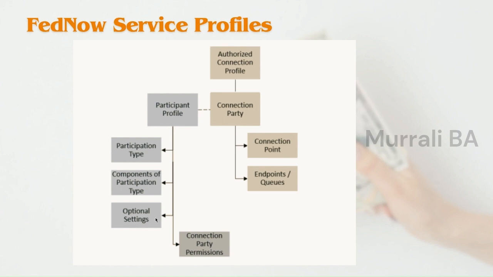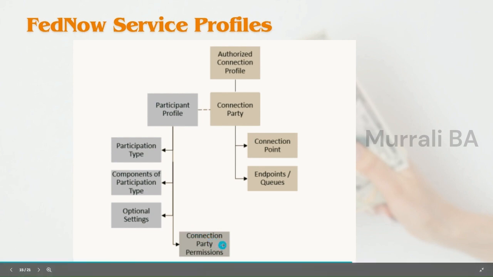So who are all the people or entities you would think should be restricted from using the FedNow service? It could be because of any legal reasons or any fraudulent activities they've conducted earlier, or you found them to be fraudulent entities. So you would enter their details in these settings, and they would be blocked by FedNow and they will be blocked in your system so that they cannot use the FedNow transfer further.